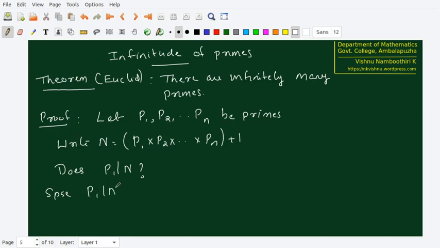So if P1 divides n, we know that P1 divides the product P1 into P2 into etc. Pn, because P1 is already here, that's a factor of the product. Therefore, P1 divides n by our assumption. This is the assumption.